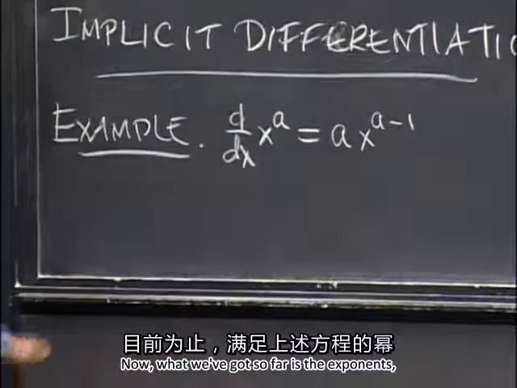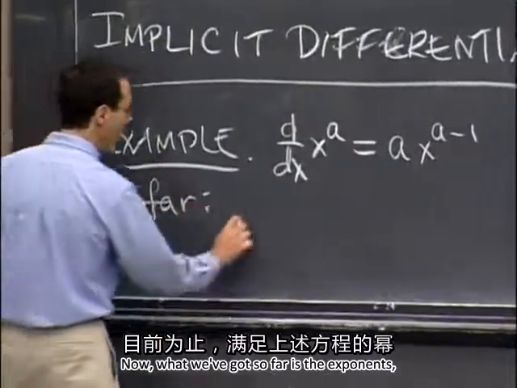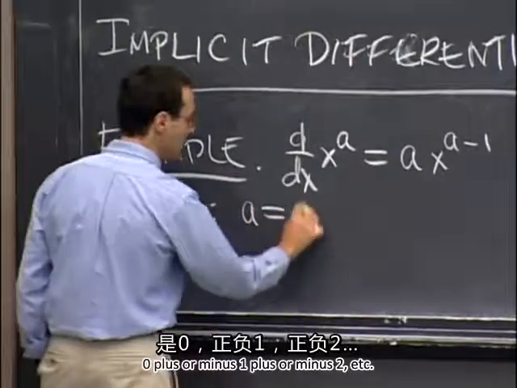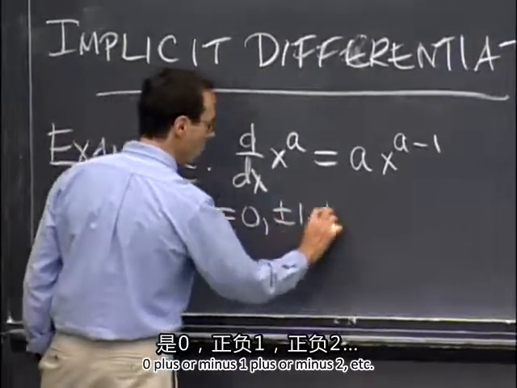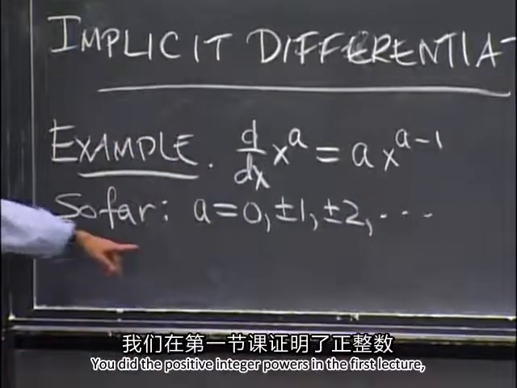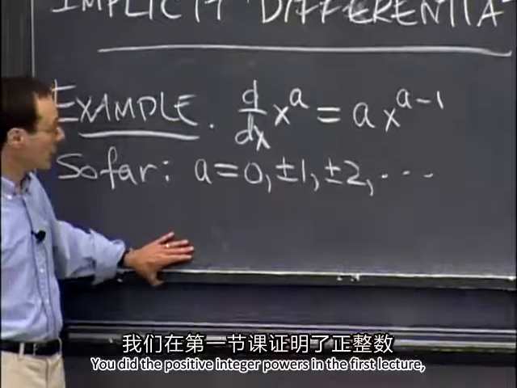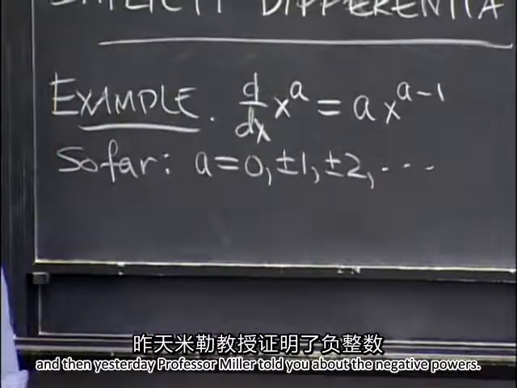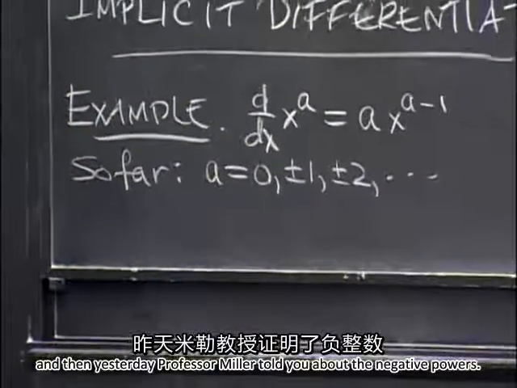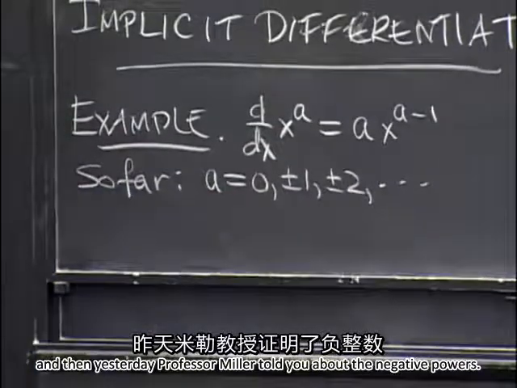Now what we've got so far is the exponents 0, plus or minus 1, plus or minus 2, etc. You did the positive integer powers in the first lecture, and then yesterday Professor Miller told you about the negative powers.